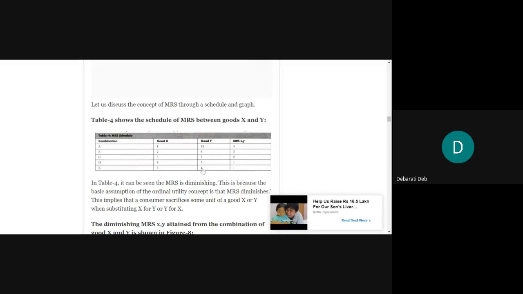And finally, it is changing by 1. From 3 we are bringing it to 2. So change is 1. And here we are seeing the change is 1. So 1 by 1 is 1. Next combination is not given to us, so we cannot calculate the marginal rate of substitution for the fifth combination, so it is a dash.